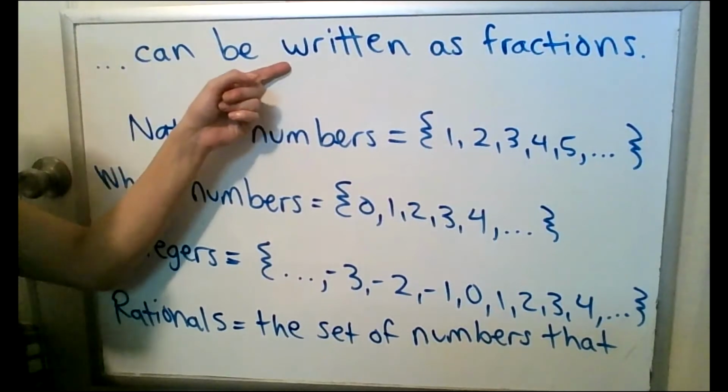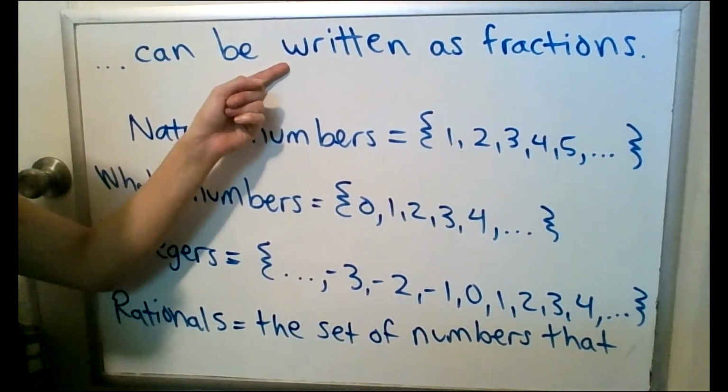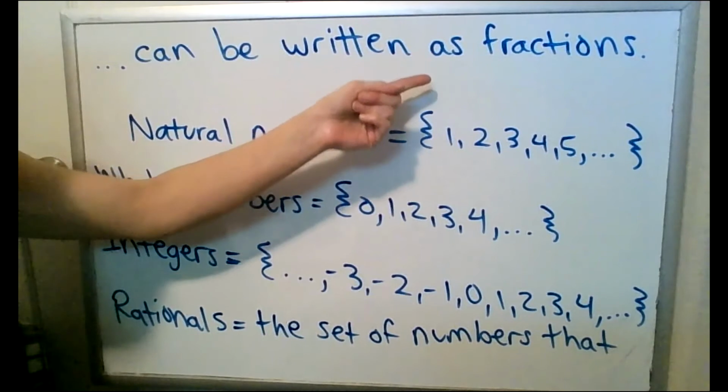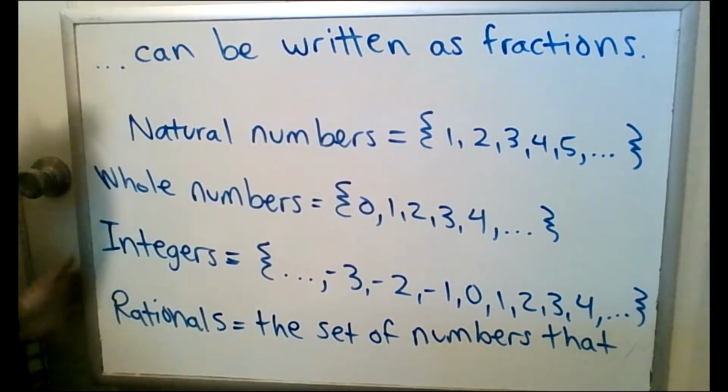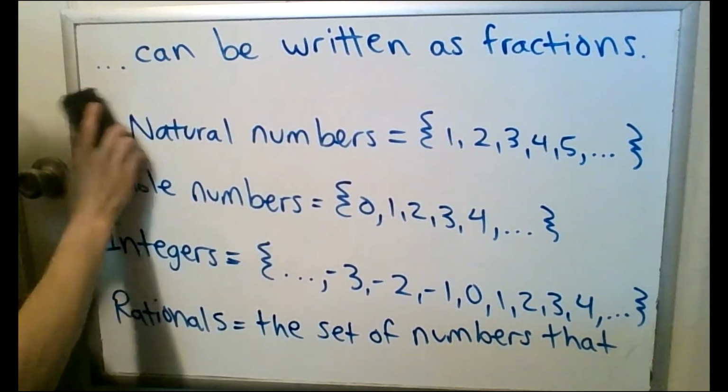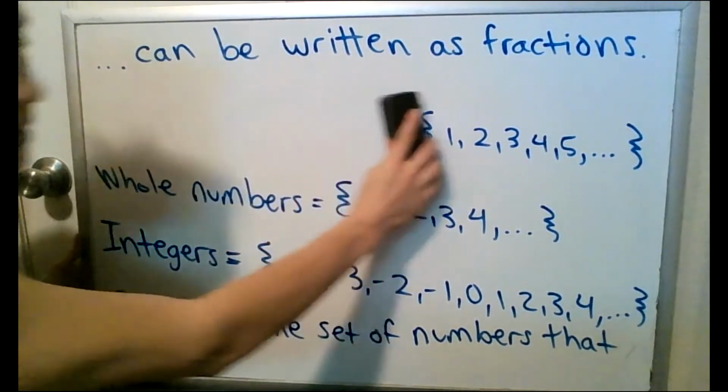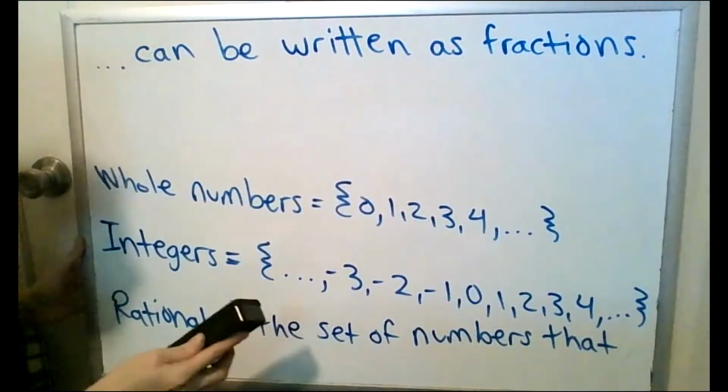So this set can have 1/2, it could have -3/5, positive and negative fractions. Separate from this set is a set called irrational numbers, and they're numbers that cannot be written as a fraction.